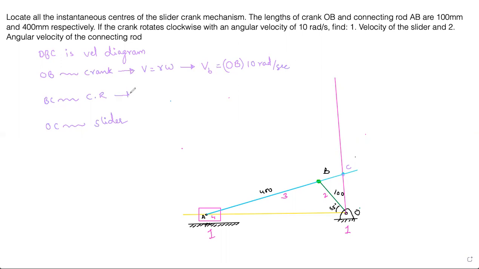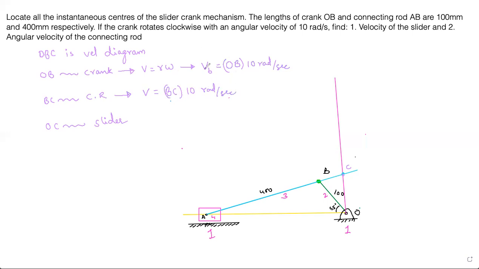Now coming to the connecting rod, here also the same formula applies. If you want to know the velocity of the connecting rod, you do the same thing, V is equal to R omega, but here R is the length BC times omega, which is 10 radians per second.